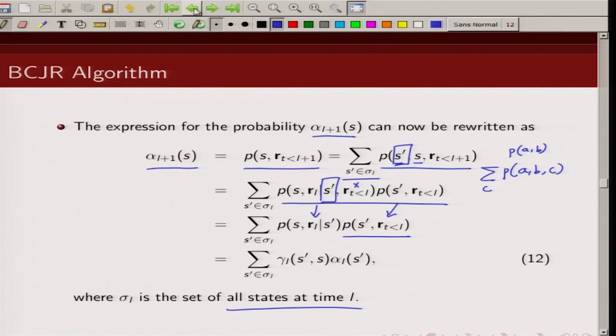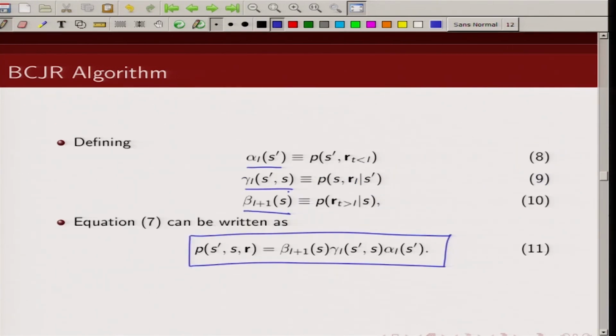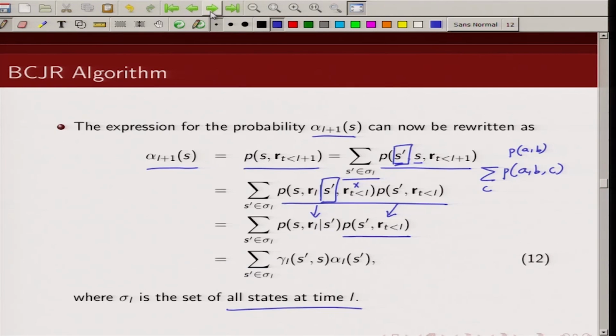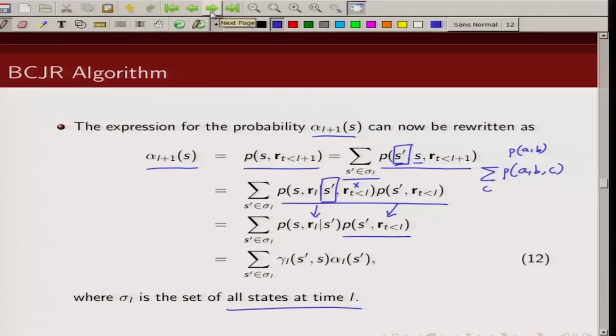This term is by definition our alpha, and what is the next term? This is our gamma. So, what I have shown you here is that alpha at the next state S can be computed recursively from alphas at the previous state in this particular fashion. So, again let us illustrate this with an example.